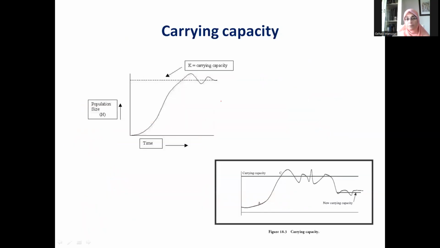Whenever you see a graph like this, having time on the x-axis and the population size N on the y-axis, when you reach this stability phase or plateau, you have reached a value that we call K. K represents the carrying capacity of the population.